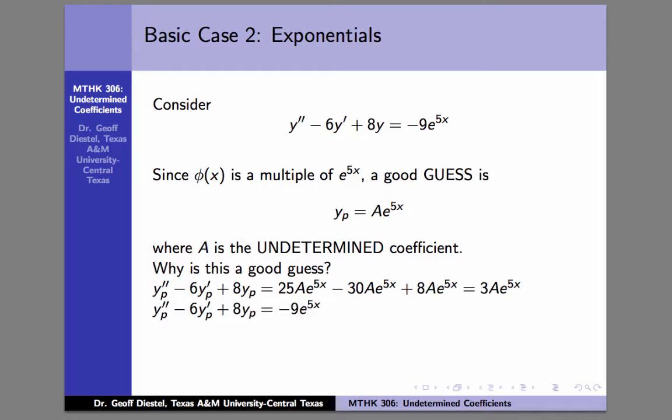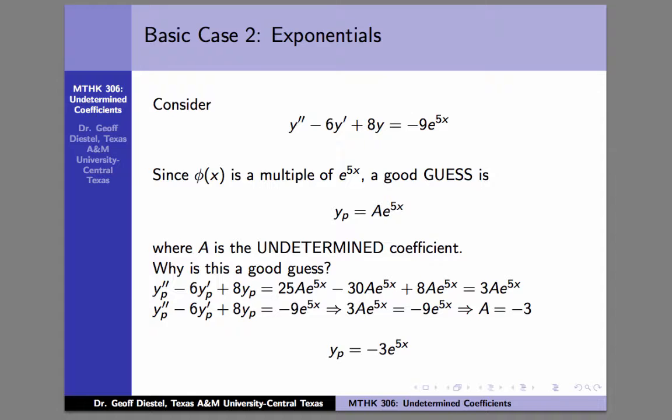And we now know that if yp is actually going to be this particular solution to our equation, then this left side we just showed is equal to 3 times a times e to the 5x. So that must give us this equation, and if we solve that for a, we see that a is negative 3. And that means our particular solution is negative 3 times e to the 5x.